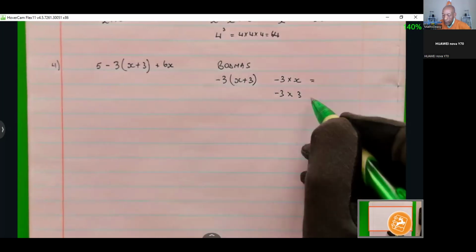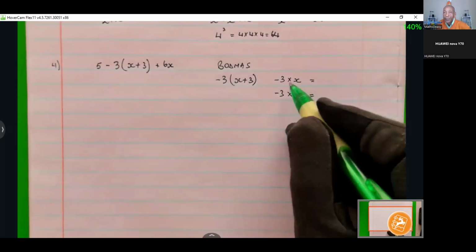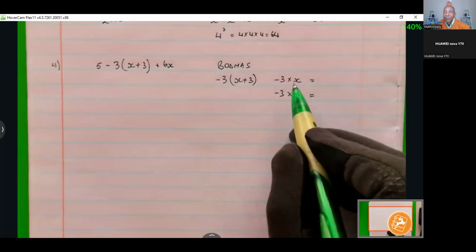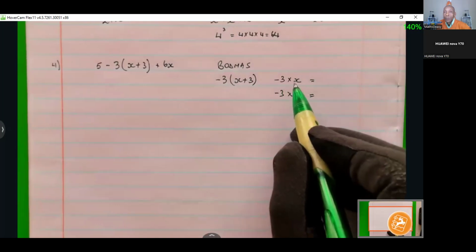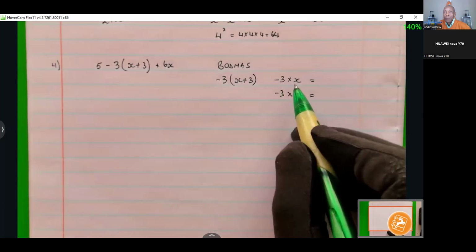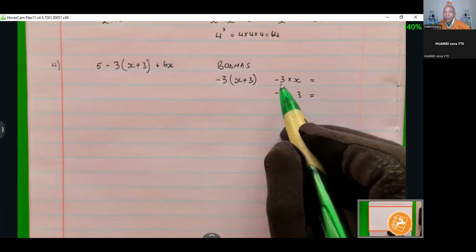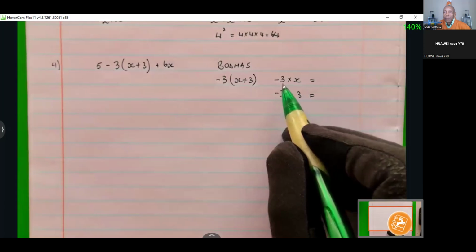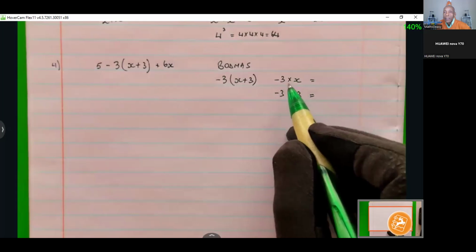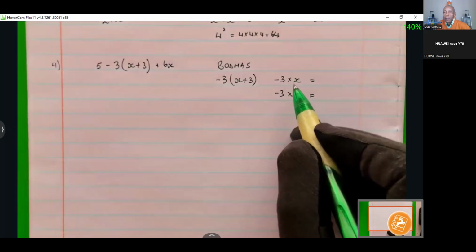What is the answer of this one? What is 3 times x? 3x.